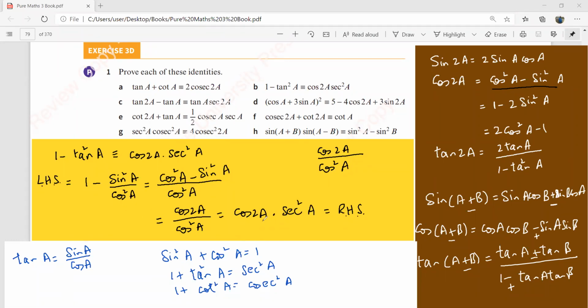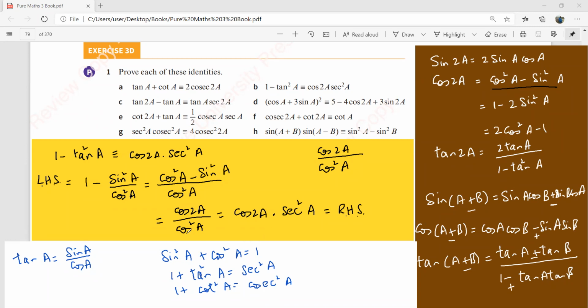Like you start from here, and then you open this cos 2a, and then you split them, and then you go back to this form 1 minus tan square a. Suppose I have started like this. This is the right hand side over here. I'm going to shift this secant square down.